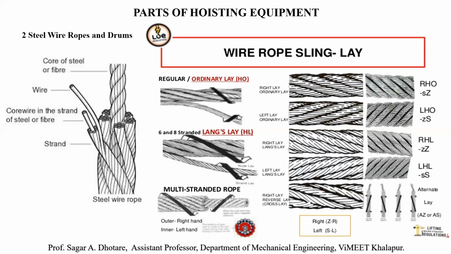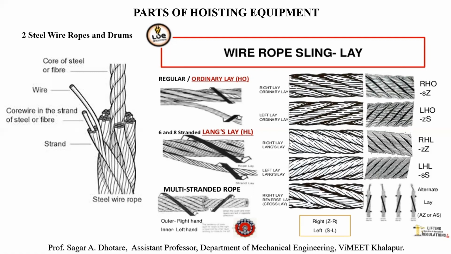Regular or cross lay ropes find the greatest application. Such ropes are constructed such that the direction of the twist of the wire in the strand is opposite to that of the strand in the rope. You can see it in the figure.